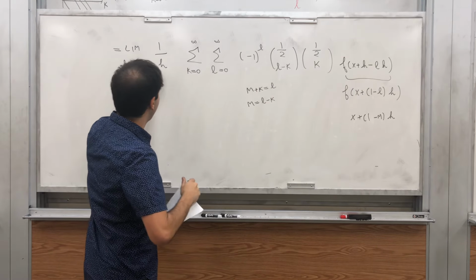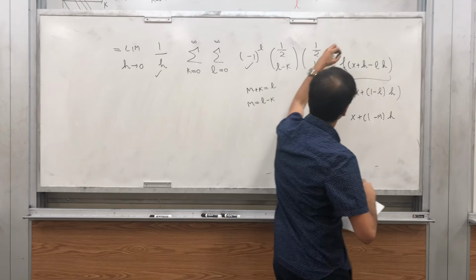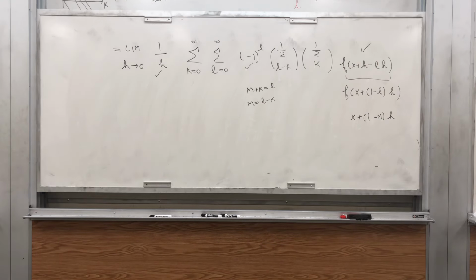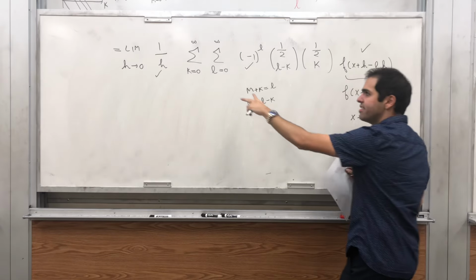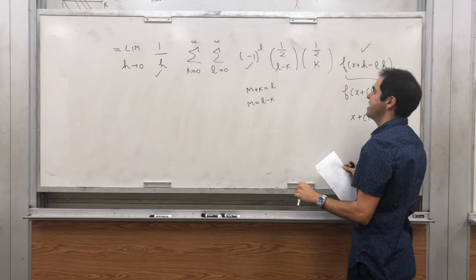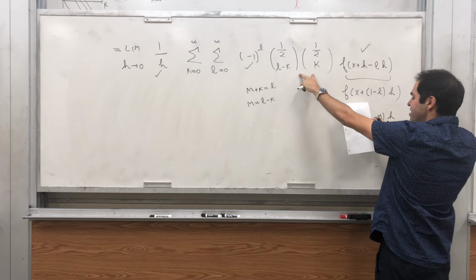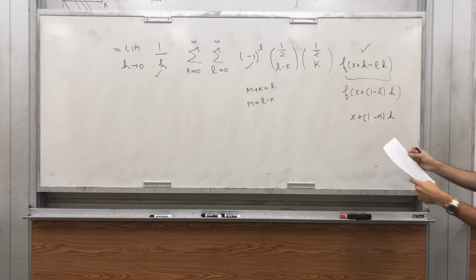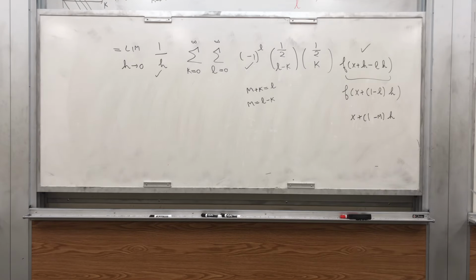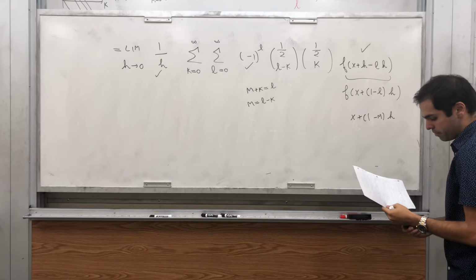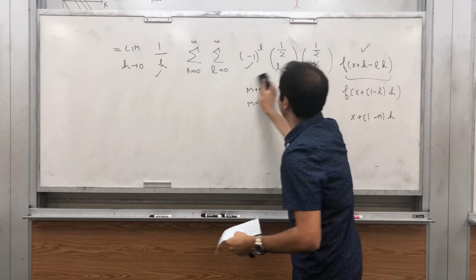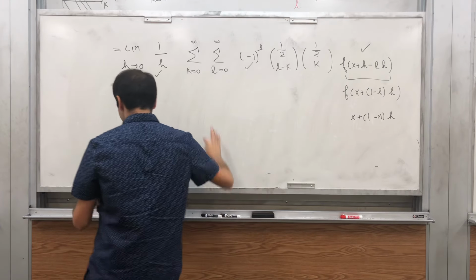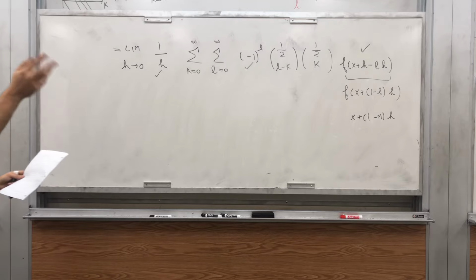So a bunch of parts were good. The only things we still need to fix: this double sum, we want it to be a single sum, and somehow we want to turn this thing into 1 choose L or something. So what can we do? We have this double sum, just like usual.